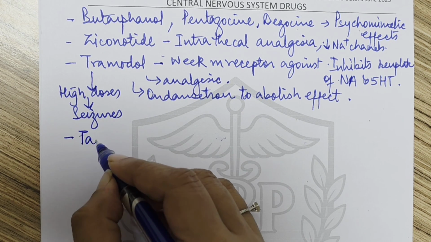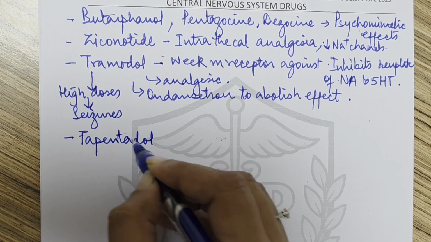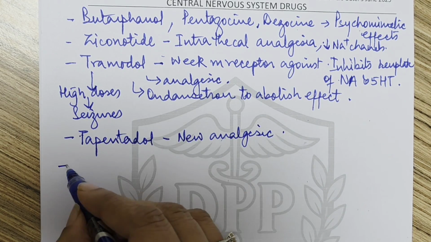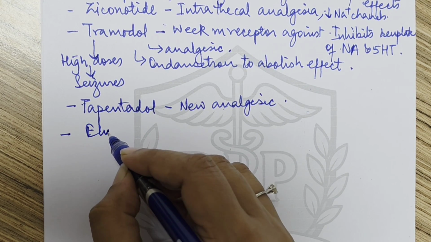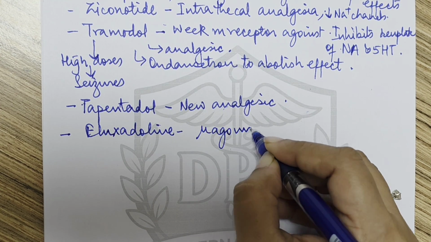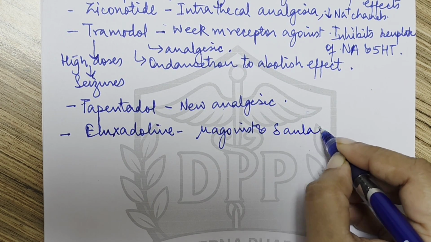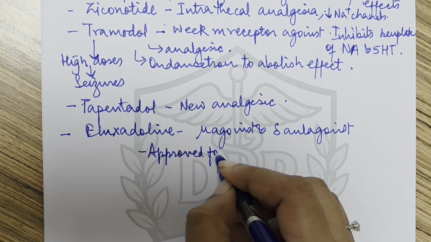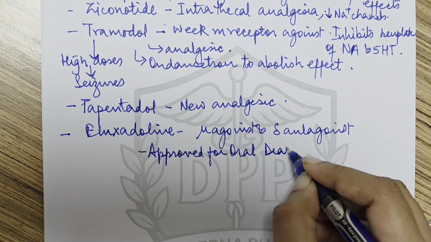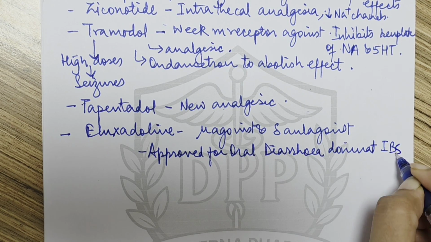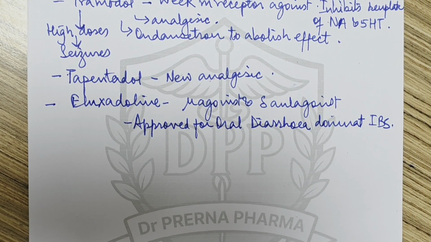Then another drug is there, that is tapentadol. This is a new analgesic drug, same as tramadol. Then we have eluxadoline. This is a mu agonist and delta antagonist, and it is approved for oral treatment of diarrhea-predominant IBS. When we studied the GI system, we had studied eluxadoline there.